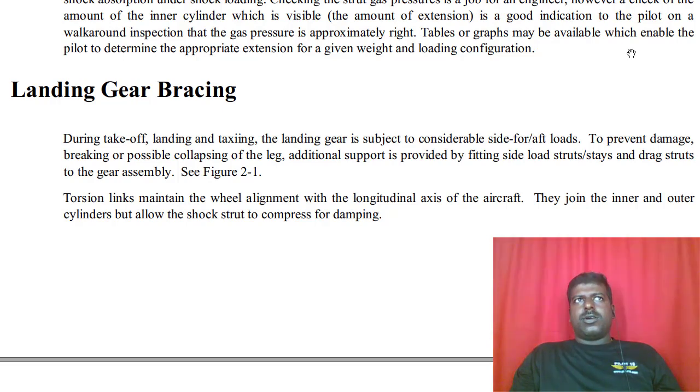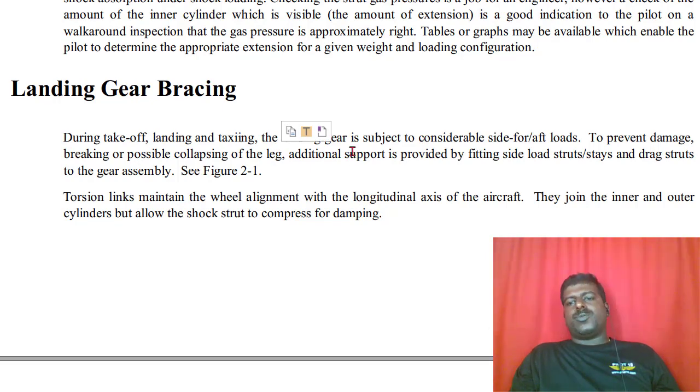If the strut is like this and some sideways movement happens, then it can damage the struts. So to prevent that and to prevent possible collapsing of the leg, additional support is provided.